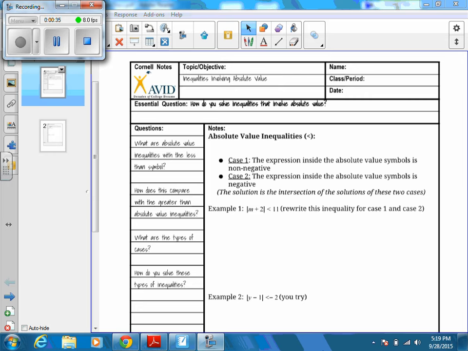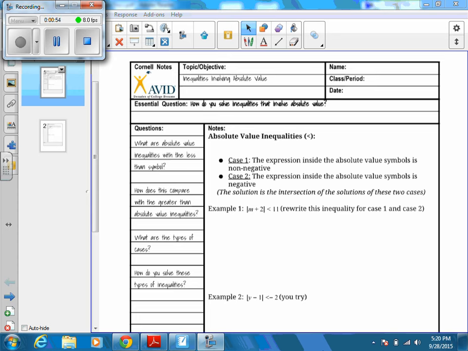So if I have the absolute value of 3, that 3 is 3 units away from 0. Or if I have the absolute value of -3, that's still 3 units away from 0. The first definition that we need to write down is absolute value inequalities that deal with less than.